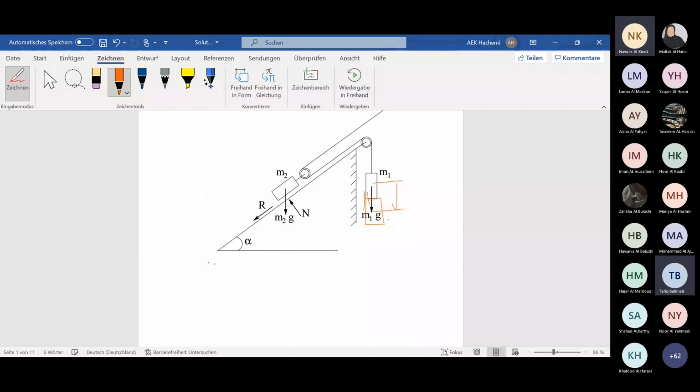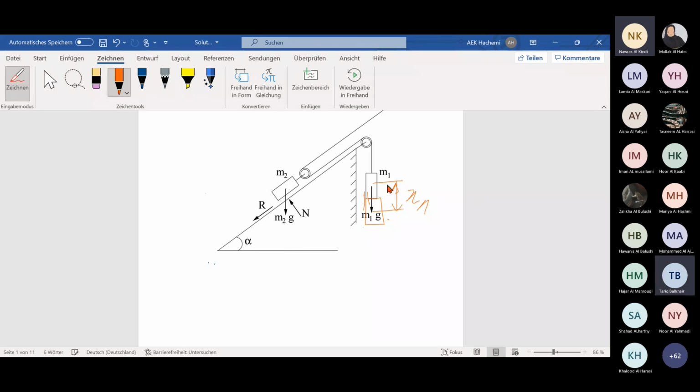This will be the covered distance of the mass m1, x1. When mass m1 moves, this point, let's say the center of mass, moves to this position, and the covered distance is x1.